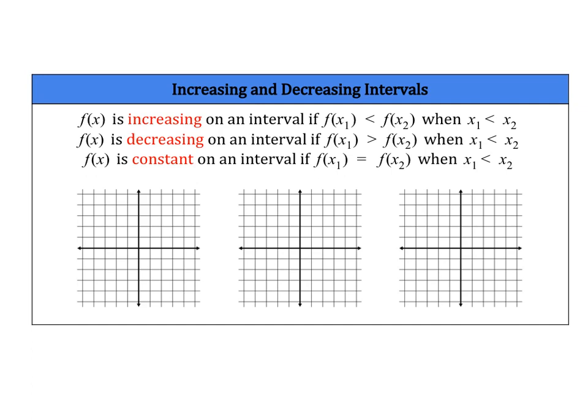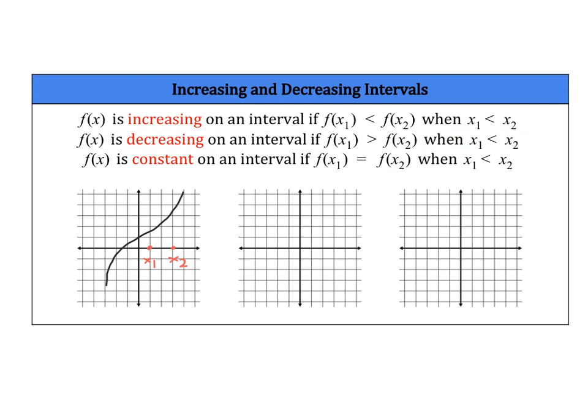So let's say I have a graph that looks like this. And let's call this point x sub 1, and let's call this point x sub 2. So all we have to know is that x sub 1 is a smaller x value than x sub 2.